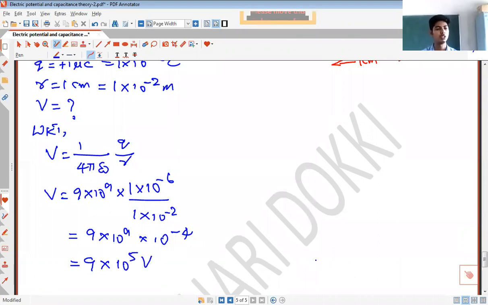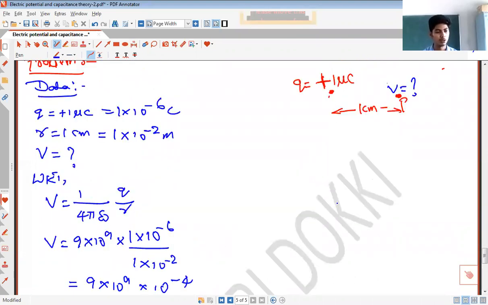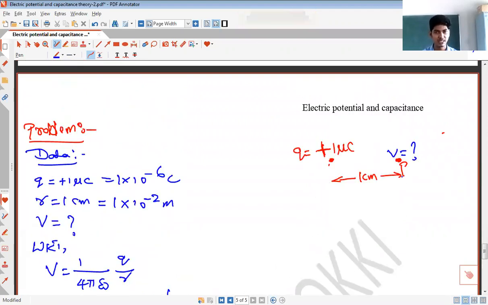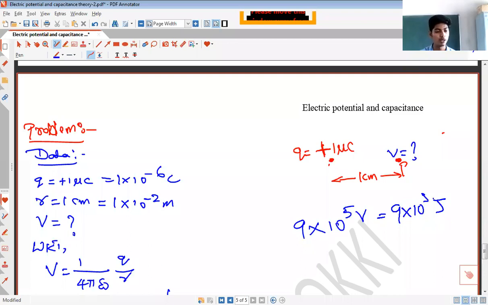So electric potential at a point which is at a distance of 1 centimeter from the source charge of 1 microcoulomb will be 9 into 10 to the power of 5 volts. 9 into 10 to the power of 5 volts can be written as 9 into 10 to the power of 5 joule per coulomb. Correct? Volt can also be written as joule per coulomb.